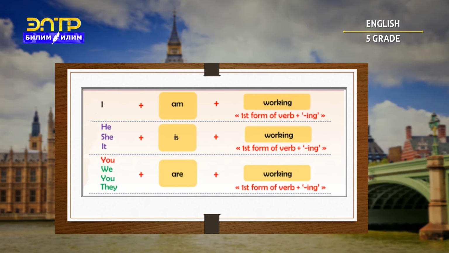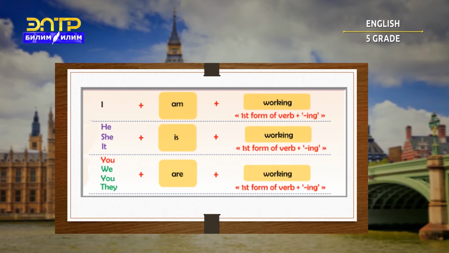So here you can see a table of making the present continuous tense. For example, I am working. He or she or it is working. You are working. We, you, and they are working.